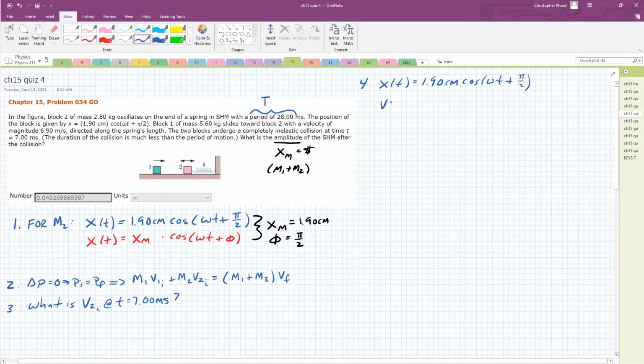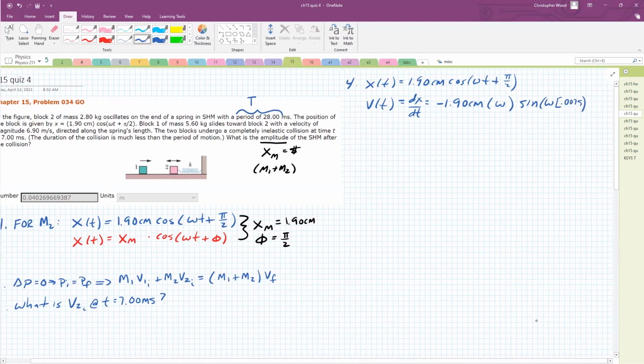Let's take the derivative of that to get the velocity function. dx/dt equals negative 1.90 centimeters times omega times sine of omega t plus pi over 2, where t is 0.007 seconds. That's my phase shift. It's starting behind the starting line.